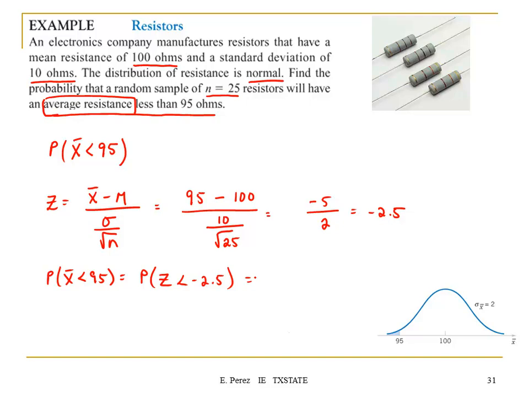Again, you're still using the standard normal distribution. If you observe from the previous problem, we got the same value for z, so this probability should be equal to 0.0062.